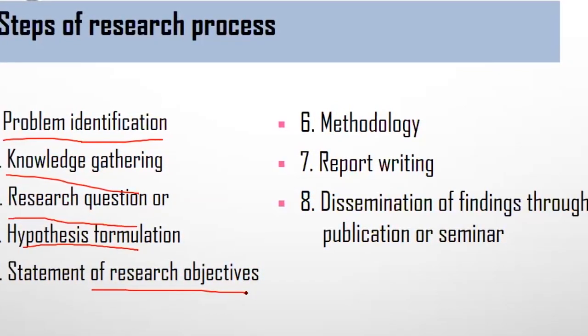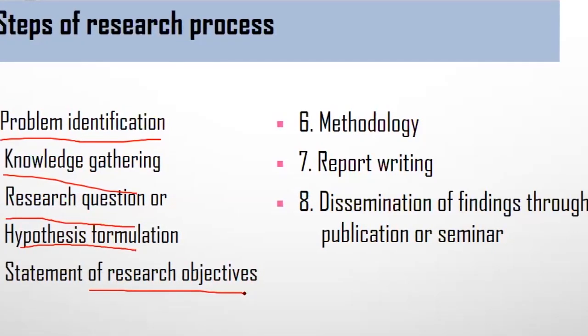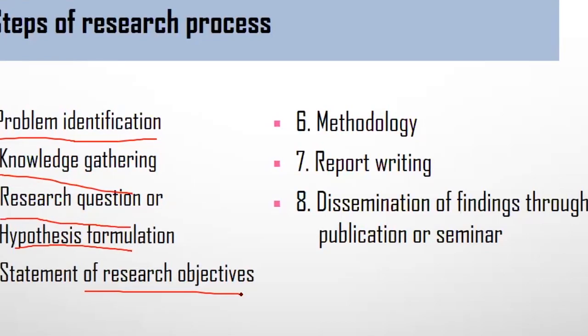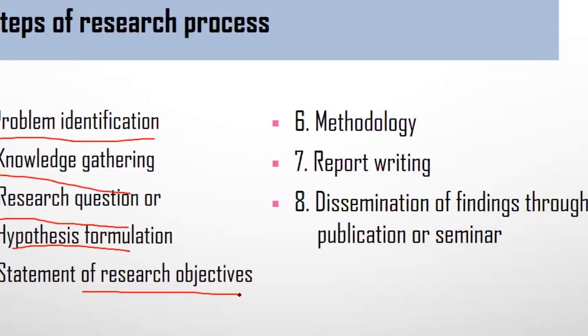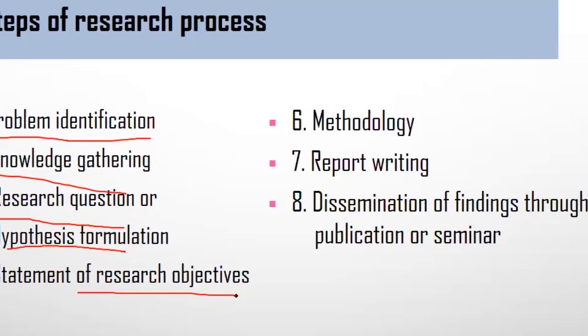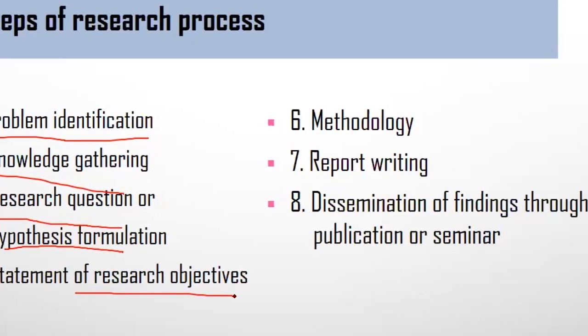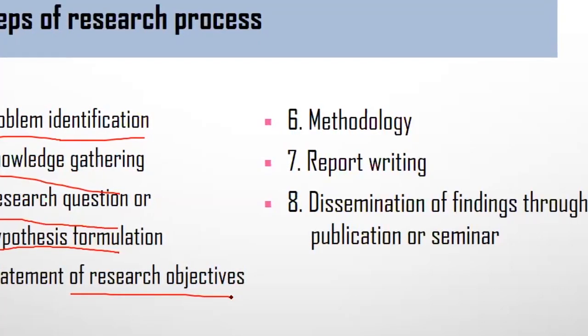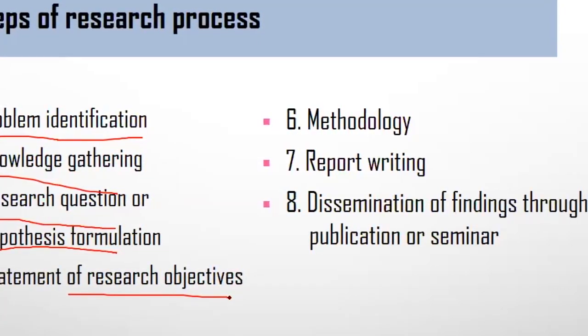So if the general objective is to determine the morbidity pattern, then to achieve this general objective, the specific tasks that will be done by the researcher are called the activities, and these activities will be called specific objectives.